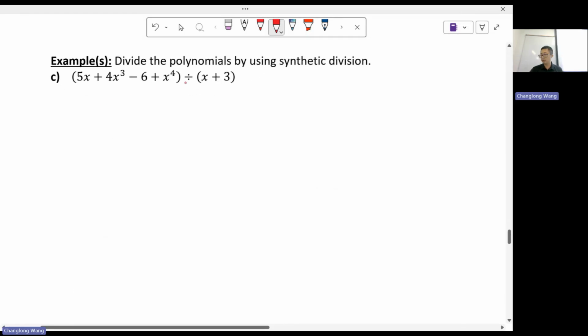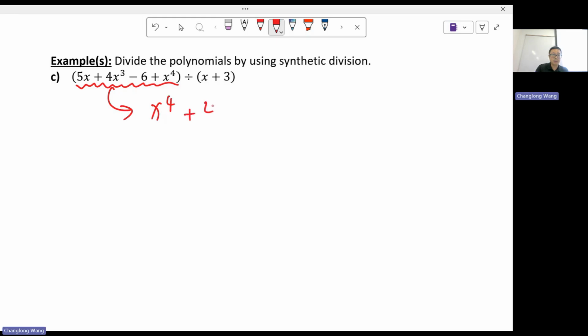Anyway, let's see what we do when we have more terms. And again, the terms are scrambled, and also there are some missing terms. That's the only freedom we have for the standard division, since the divisor has to be exactly the form of x minus r. So let's start with rewriting the dividend, starting from the highest power, x to the 4th.